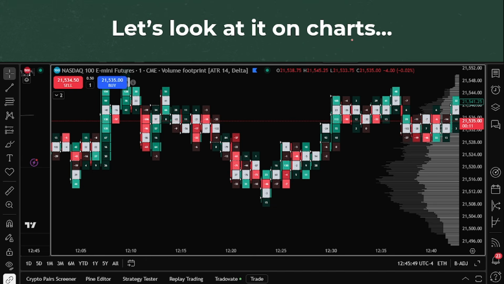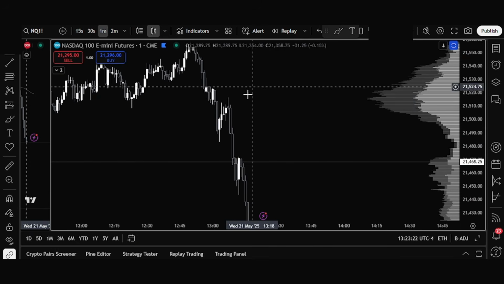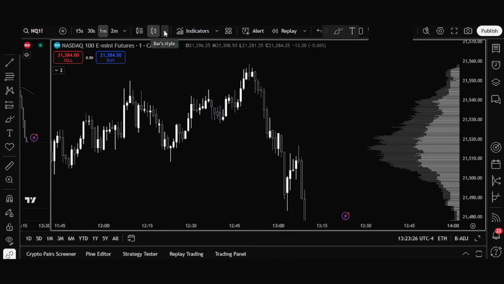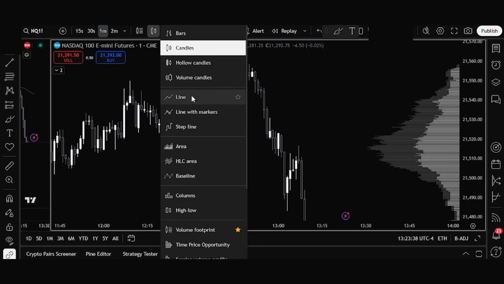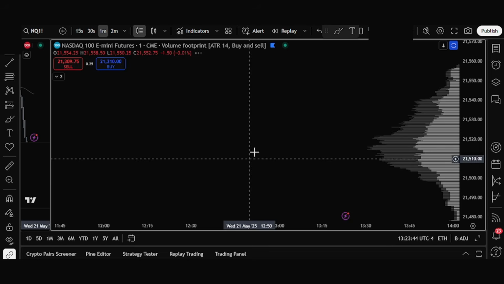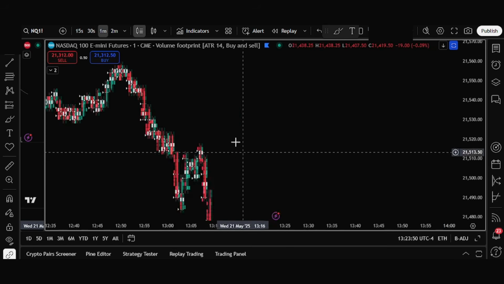Now let's look at the charts, how to add the footprint candles on TradingView. You have to click this candle. Actually, there is a candles symbol right here at the top of TradingView. Once you open up this menu, there is a volume footprint right here. Once you click on it, by the way, let's remove this one.